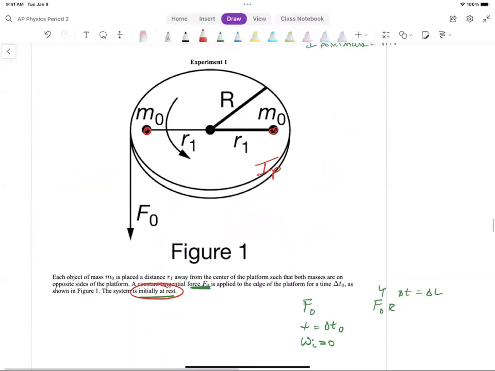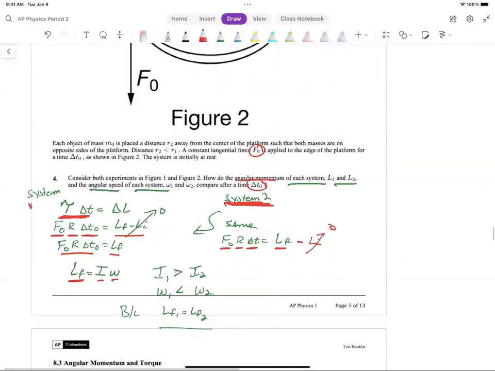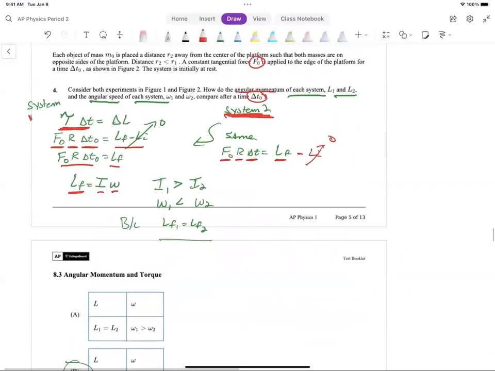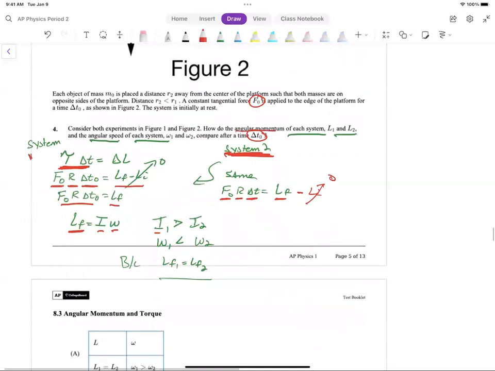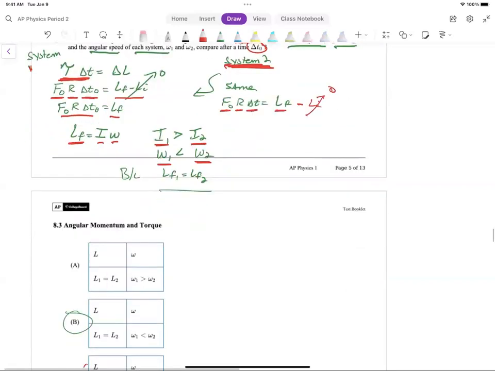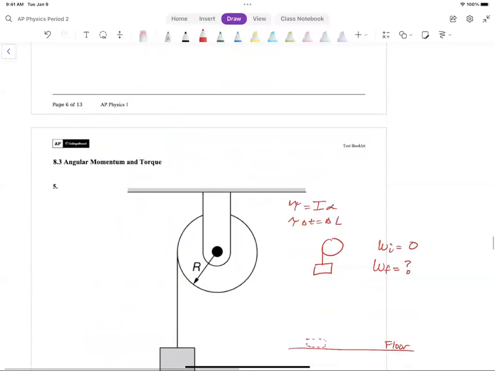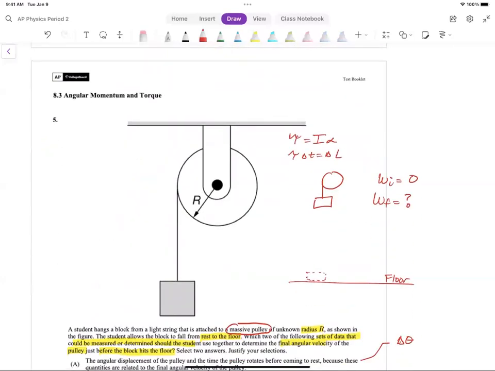The mass is located farther away, R value is larger, so I1 is greater than I2. If that's the case and their angular momentums are the same, then angular velocity for 1 has to be less than angular velocity of 2. So that is B.